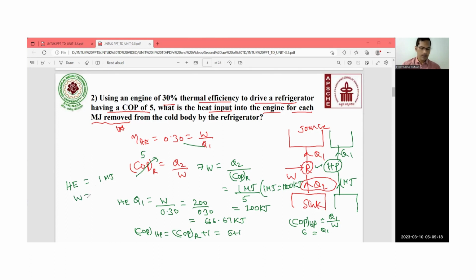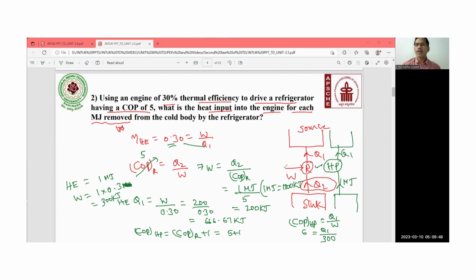The work is equal to 1 megajoule into the thermal efficiency, 1 megajoule into 0.3. So you will get it as 300 kilojoules. So Q1 divided by 300 kilojoules.